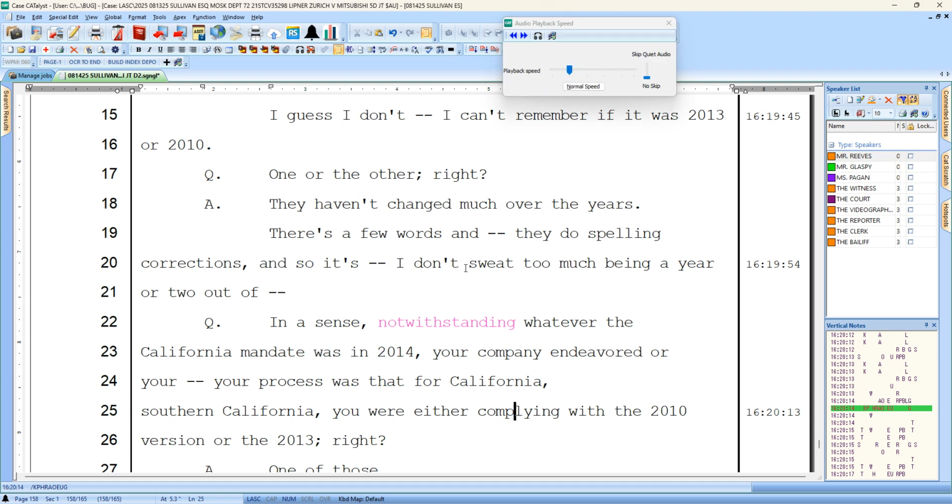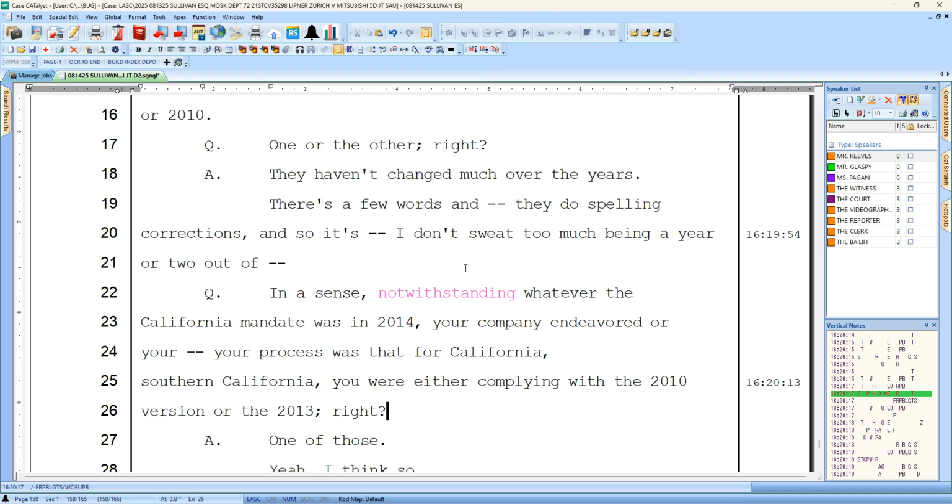In Southern California, you were either complying with the 2010 version or the 2013 version. One of those, yeah, I think so.